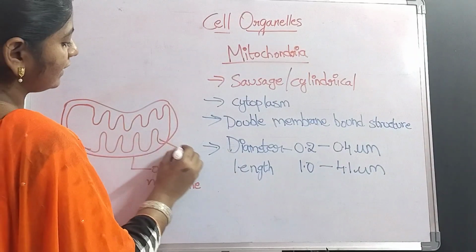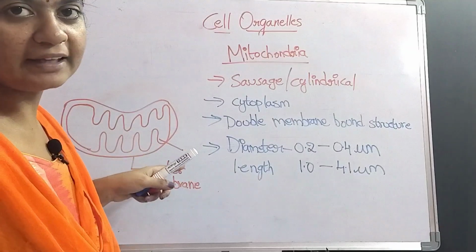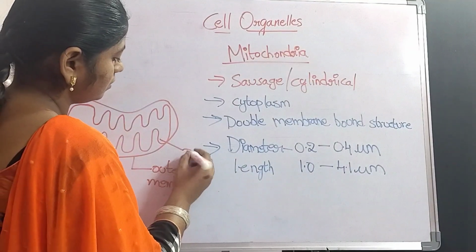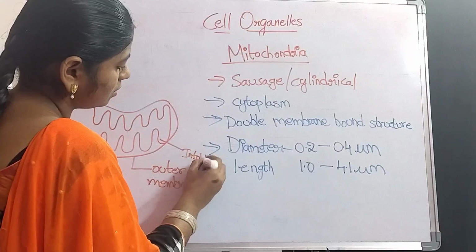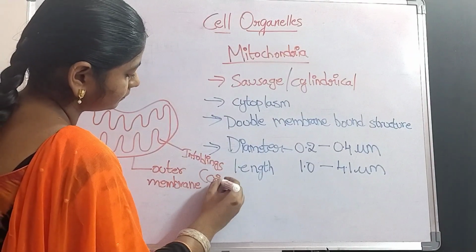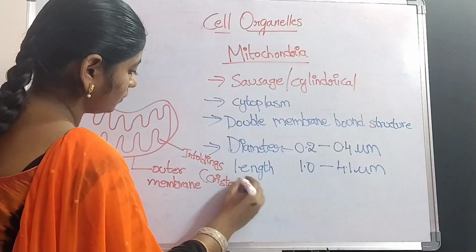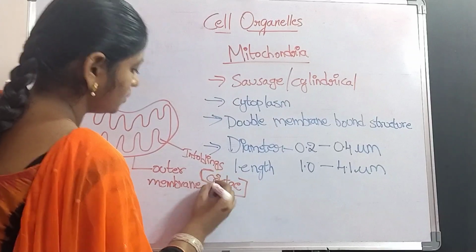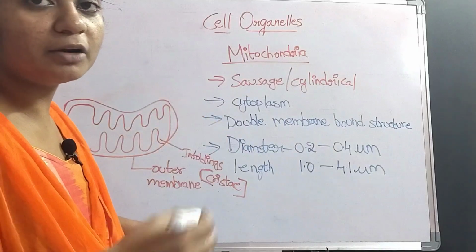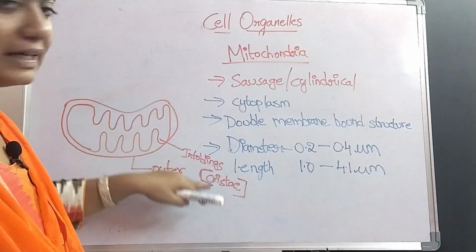These enfoldings created by the inner membrane of the mitochondria are called cristae.